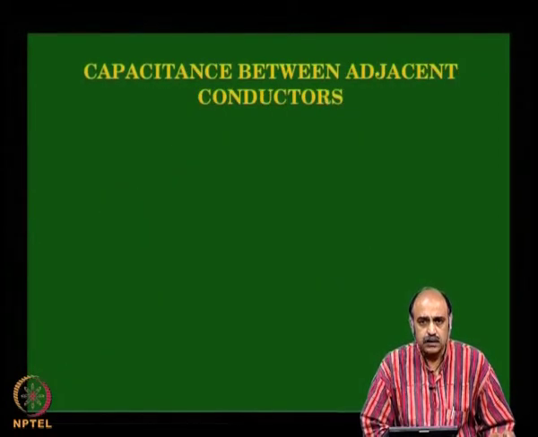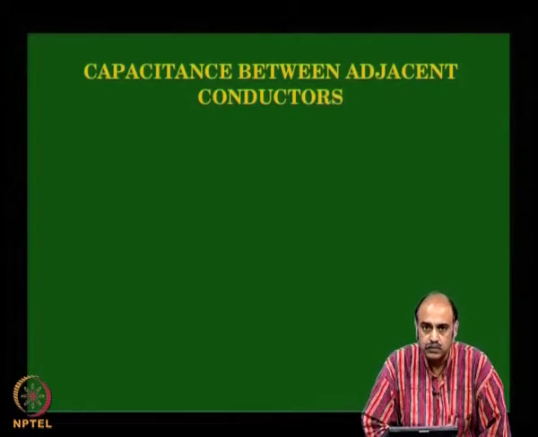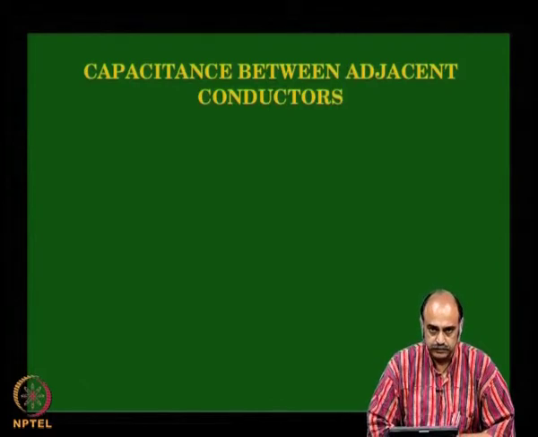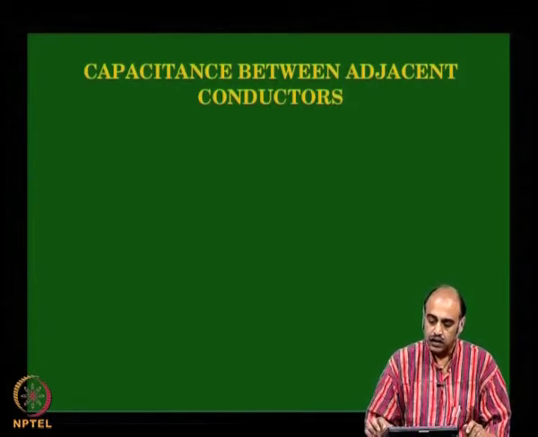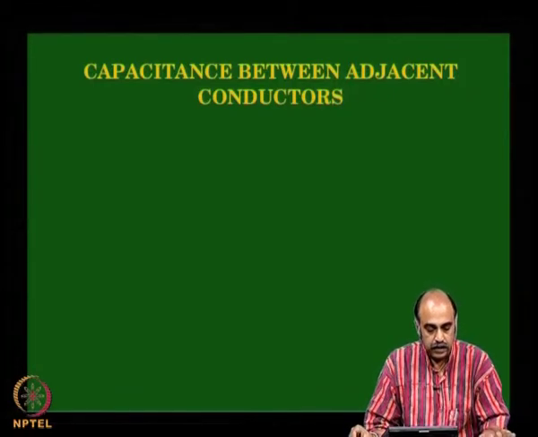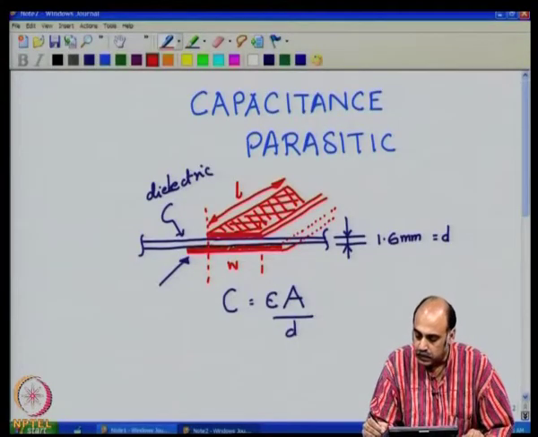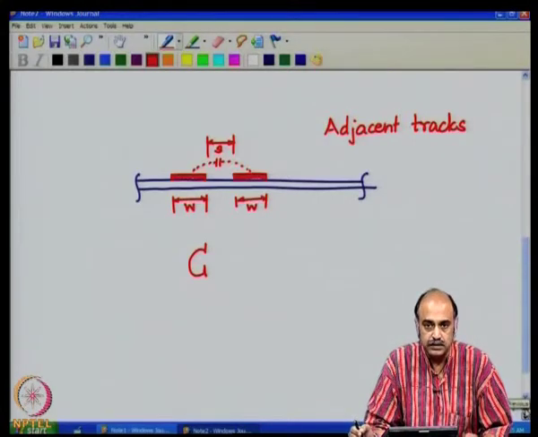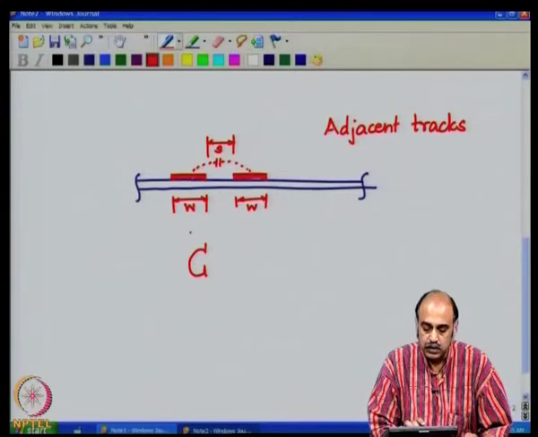Now, let us find out what is the capacitance between adjacent conductors. Now, when we say adjacent conductors, I would like to bring to your attention that I am meaning a situation like this. W is the width of one track, and W here width of another track.